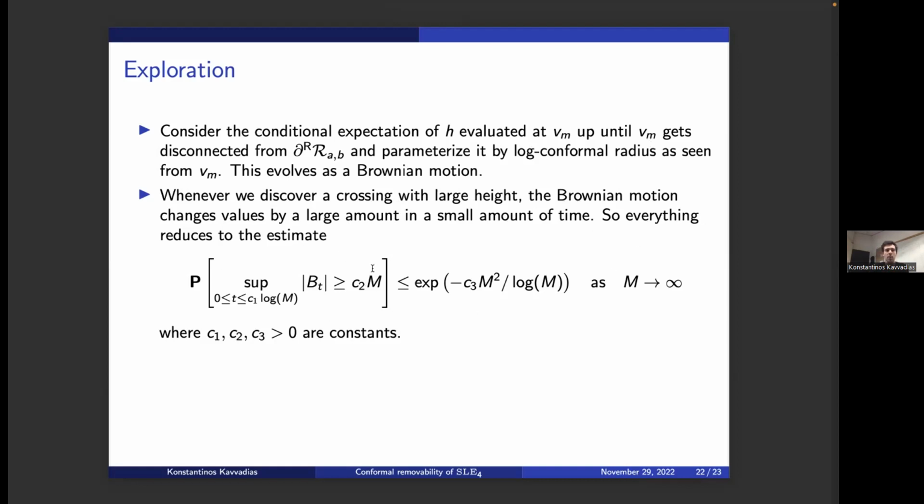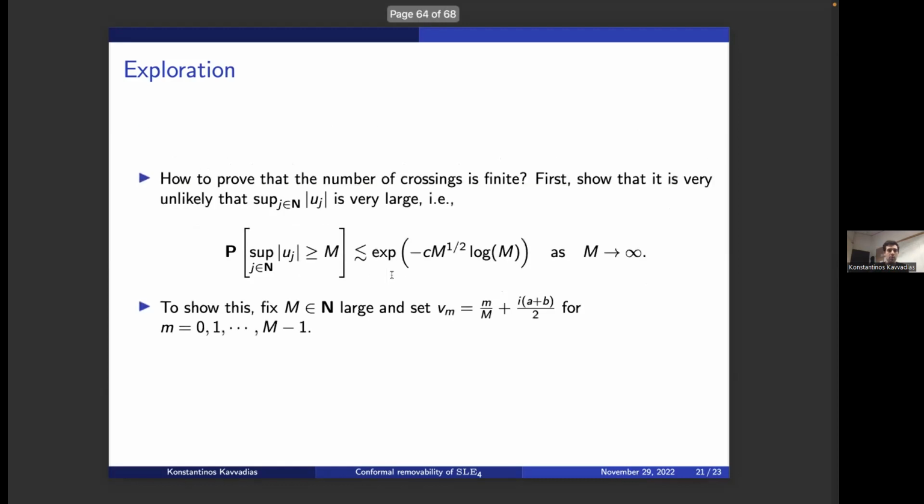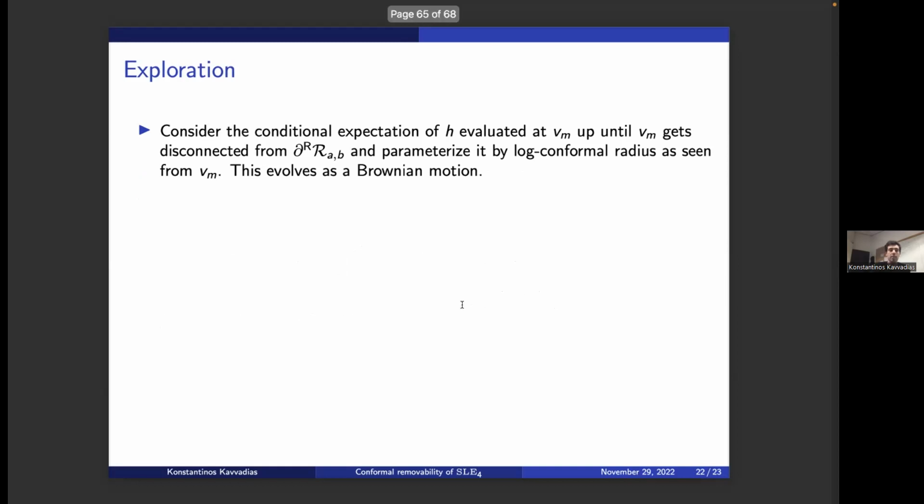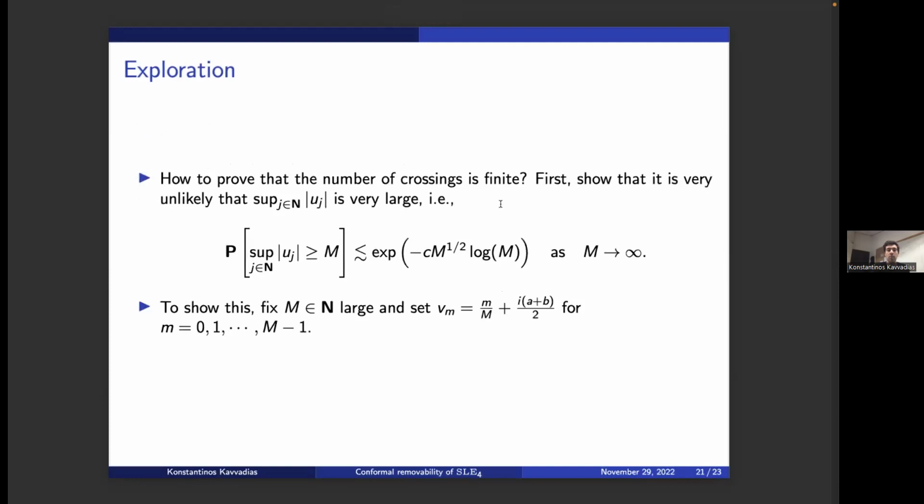So here we have to replace M by square root of M in order to be consistent with this quantity here. But the point is that this is a known fact for Brownian motion. It behaves like that. So that's where this decay comes from here.